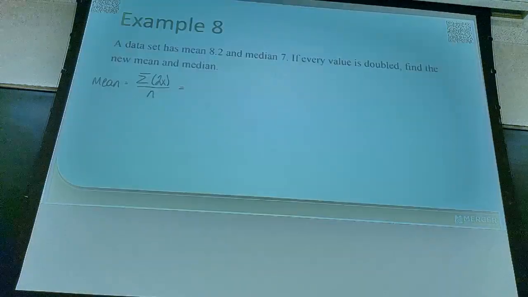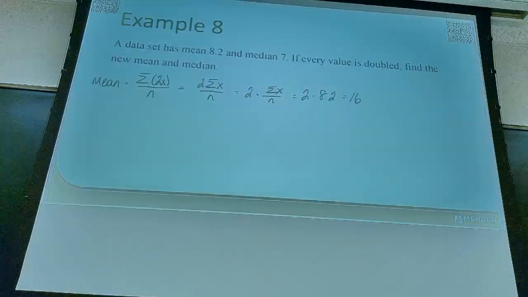Distribution property. Remember, that's a sum. Factor out 2. Written another way, two times sum of x over n, but isn't sum of x over n the original mean? So your new mean is just twice it, 16.4.